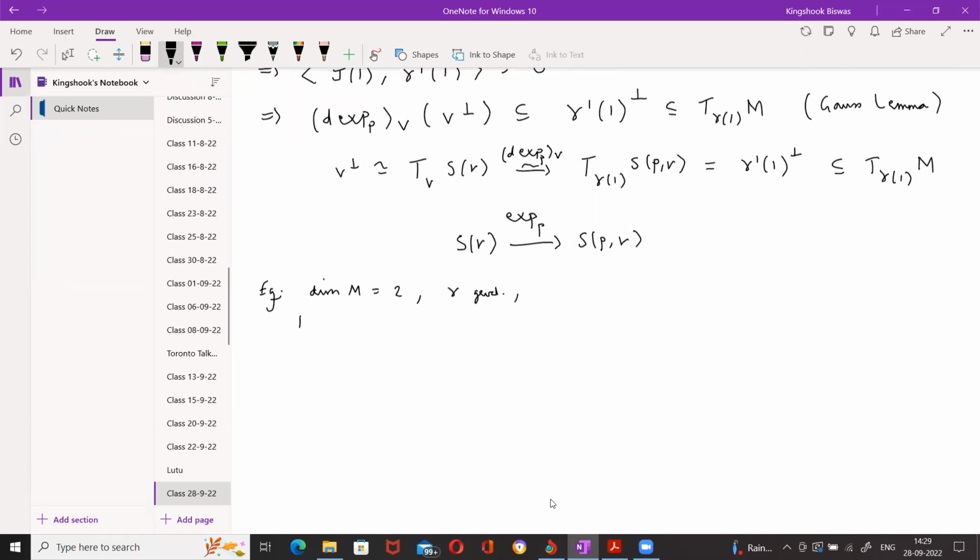The sectional curvature K of P sigma is equal to K for all P. And N is a parallel normal vector field along gamma.